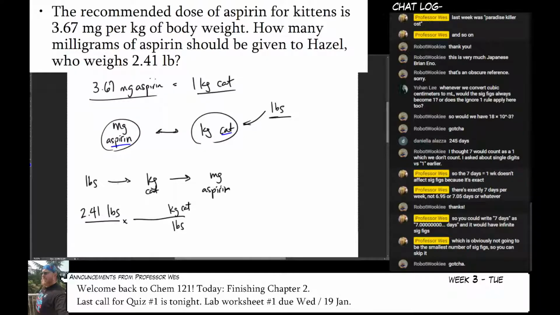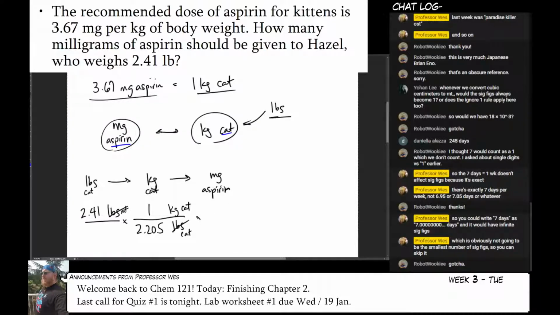Now, if I wanted to be extra clear, I could say pounds of cat and kilograms of cat. And then we look up the conversion from kilograms to pounds. 1 kilogram is 2.205 pounds, according to Google.